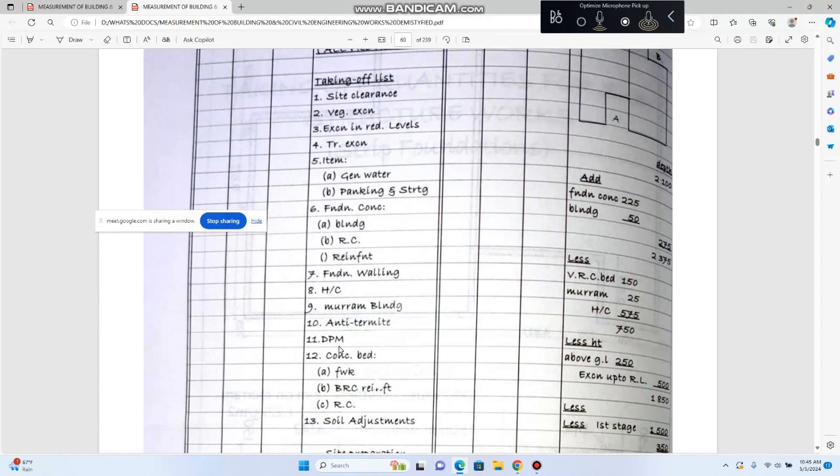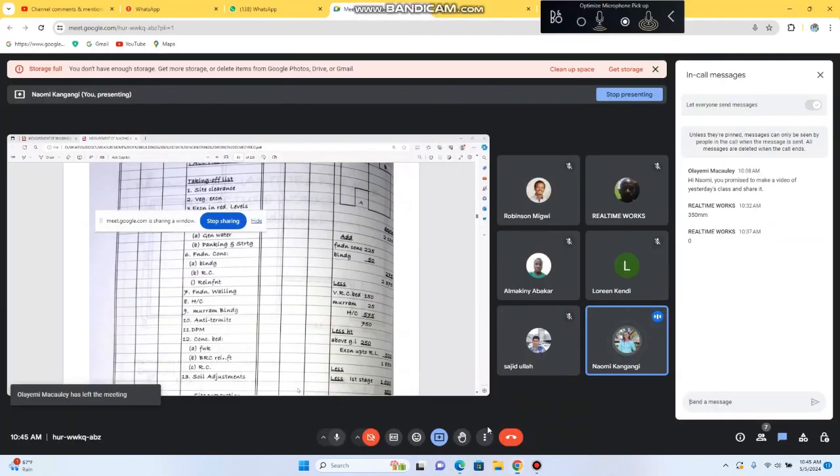That one is called soil adjustment, so that we can know how much soil shall be used and how much soil needs to be disposed, because all these have a cost consequence. Every time we are transporting soil away from site, it requires money, and every time we are backfilling, we will require money for backfilling. It has a cost implication. That is why we have to measure it. So I will receive questions up to there.